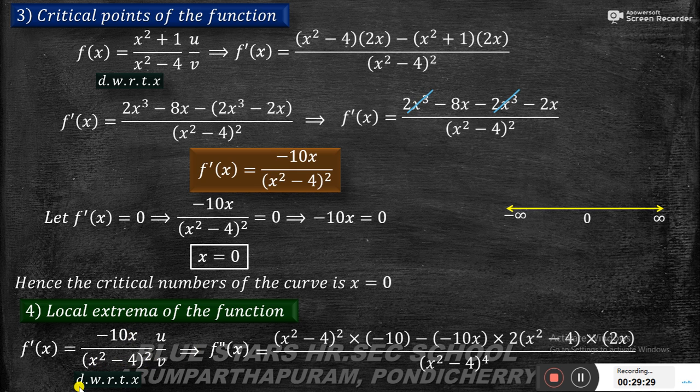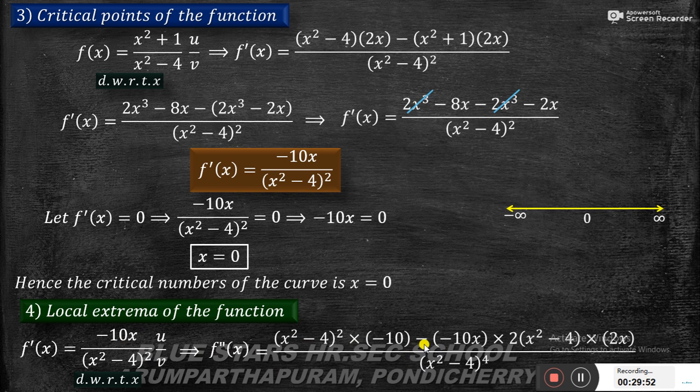Now I differentiate a second time with respect to x. For f double dash of x, we square the denominator, (x square minus 4) whole square, so whole power 4. I write the denominator (x square minus 4) whole square into the differentiation of minus 10x, which is minus 10, because differentiation of x is 1.